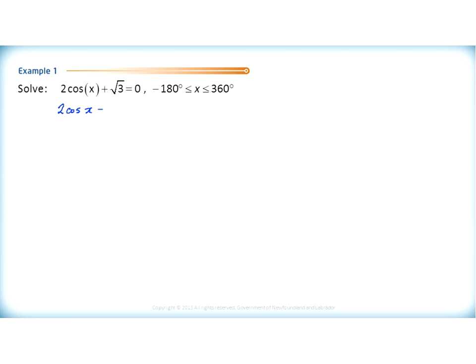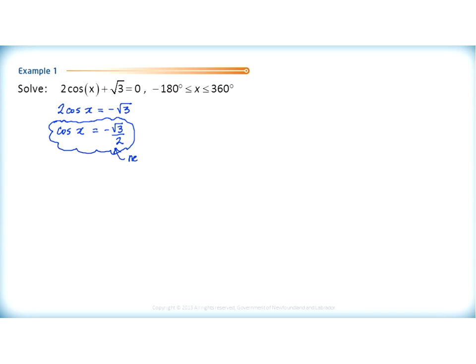We have 2 cosine x is equal to -√3. Dividing both sides by 2 leaves us with the cosine of x is equal to -√3/2. This is something that is familiar to us from the work we did in Chapter 4.